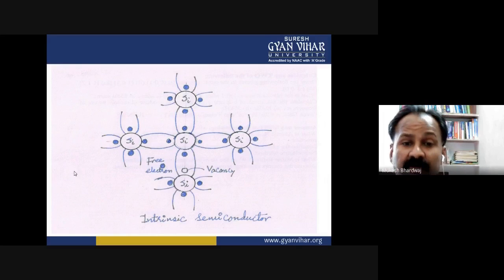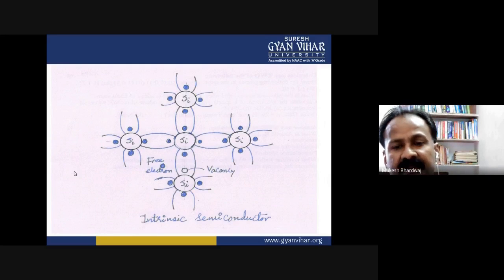If I'm talking about the central silicon atom, it has four valence electrons in its outermost shell, and these four outermost electrons make a covalent bond with their adjacent silicon atoms.